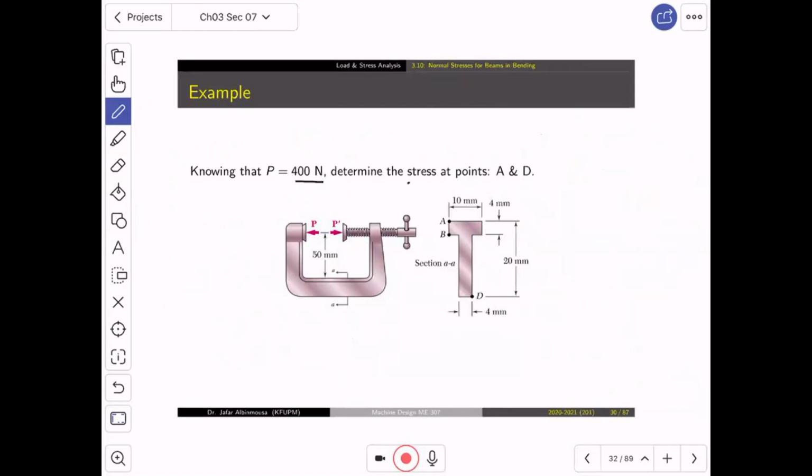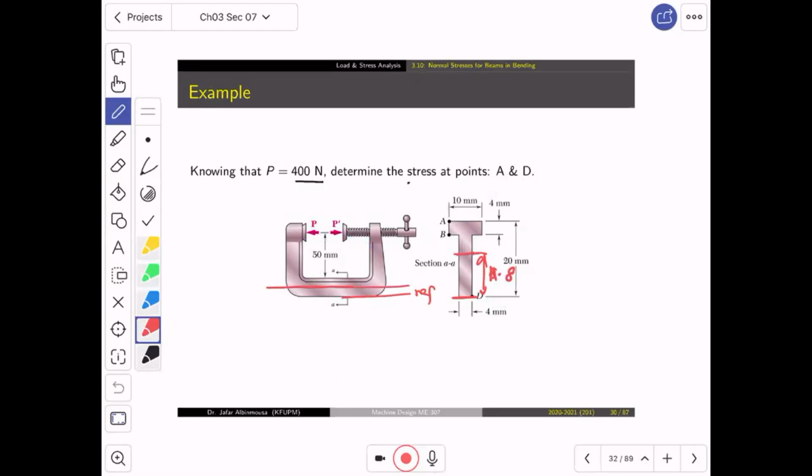So if this is the reference, okay, which is right here, the centroid is right here, that's 11.8. Now here the centroid is somewhere there.